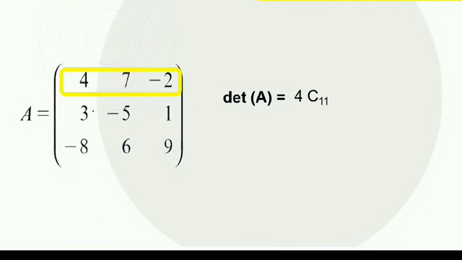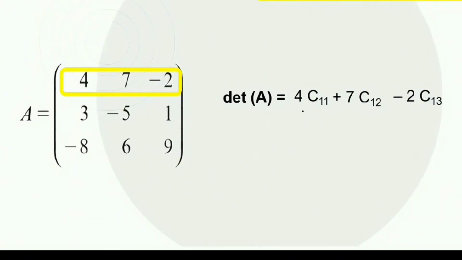It would then be 4 times the cofactor 1,1, plus the second element of the row, 7, times its cofactor. It is located in row 1, column 2. Then we have plus 7 times the cofactor 1,2. Plus the third element of the row, minus 2, located in row 1, column 3. Then it becomes minus 2 times the cofactor 1,3.